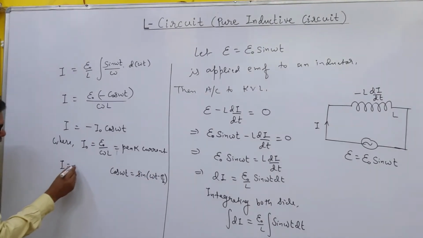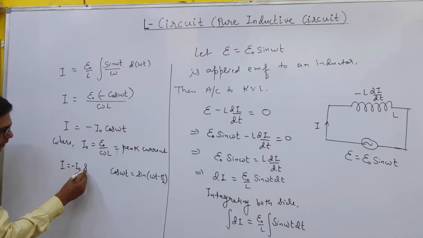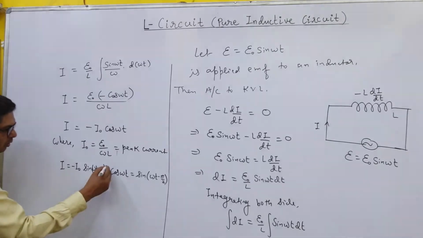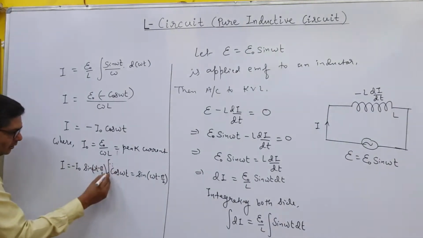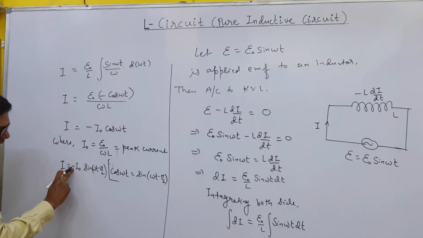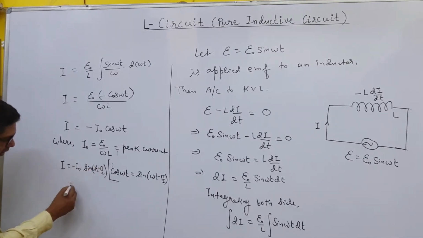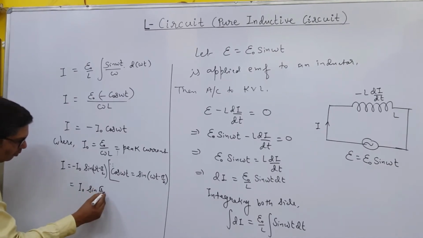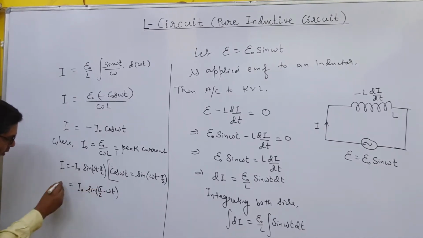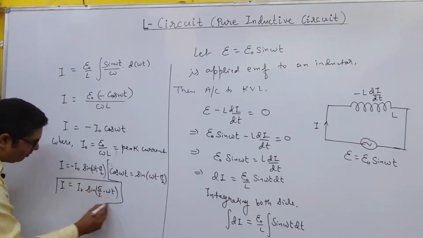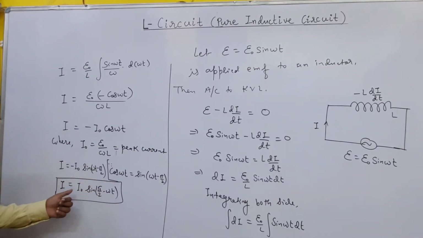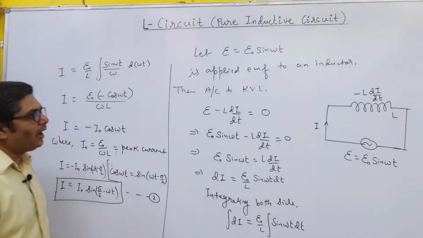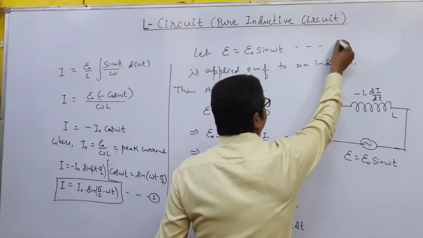So I equals minus I naught sin of omega t minus pi by 2, because when this minus sign enters inside the sine function, it becomes I naught sin of pi by 2 minus omega t. So we find the equation of current, which is I equals I naught sin of pi by 2 minus omega t. Let this be equation number 2, and the earlier one be equation number 1.